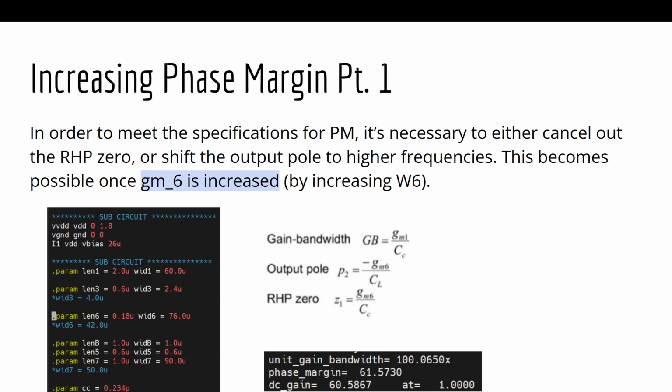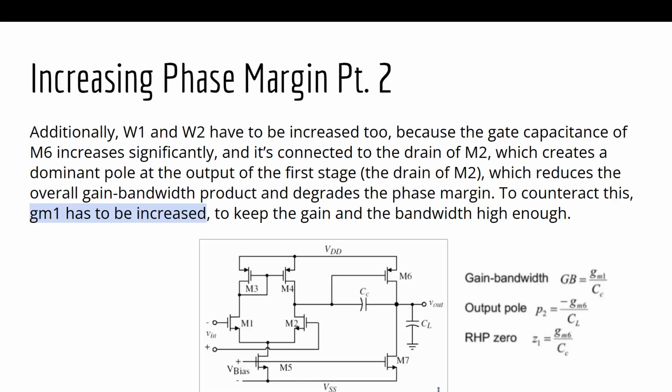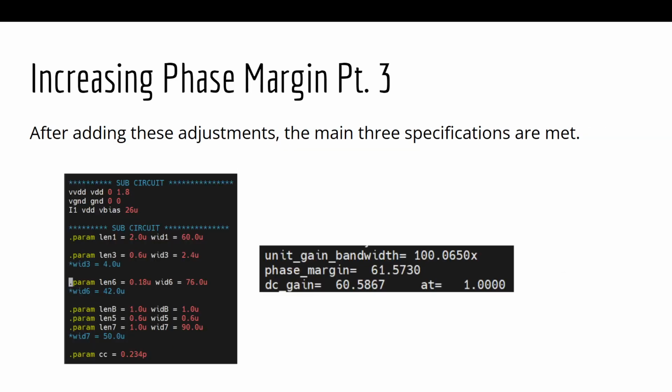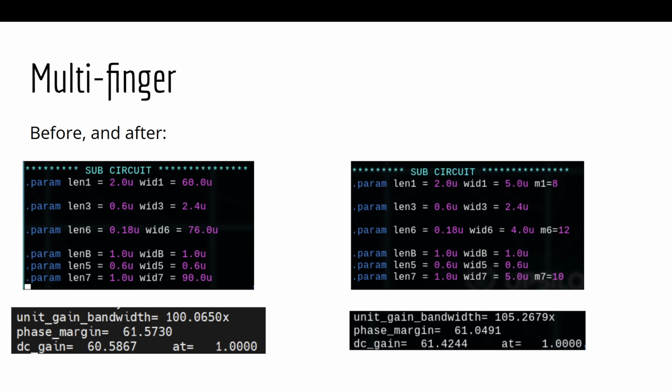By increasing GM6, which shifts the output pole to much higher frequencies, the phase margin increases. But we also need to compensate for the degraded gain by increasing GM1. Finally, after making these adjustments, we get the three main parameters satisfied: the gain bandwidth, the phase margin, and DC gain.